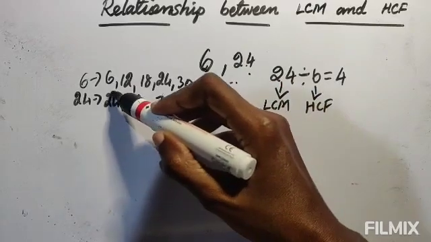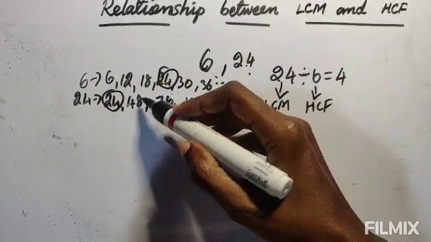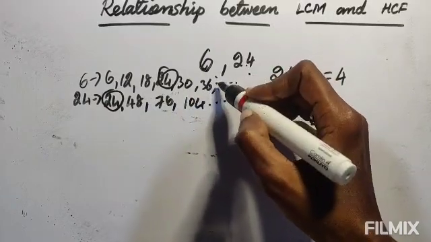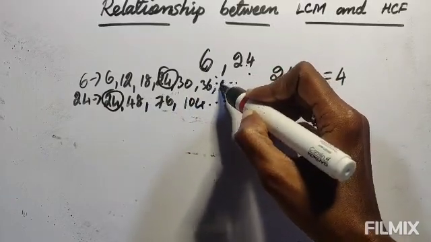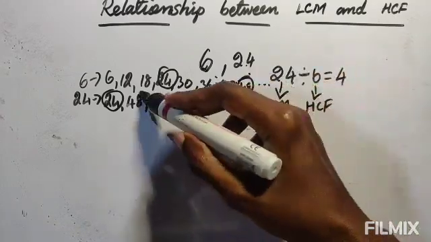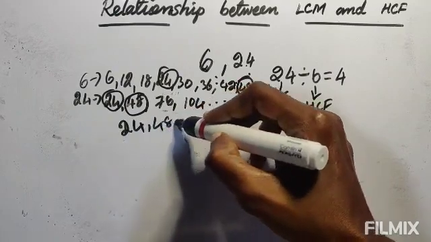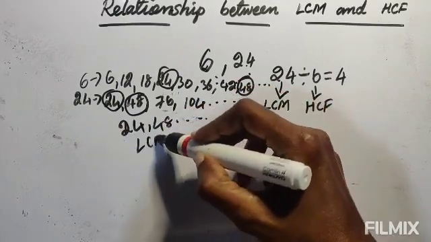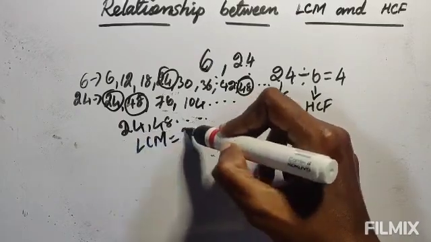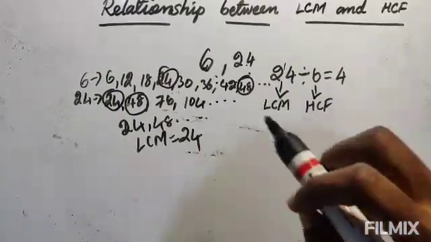The LCM will be the smaller one, so that is 24. I told you 24 is the LCM, and we have got 24 as the LCM.